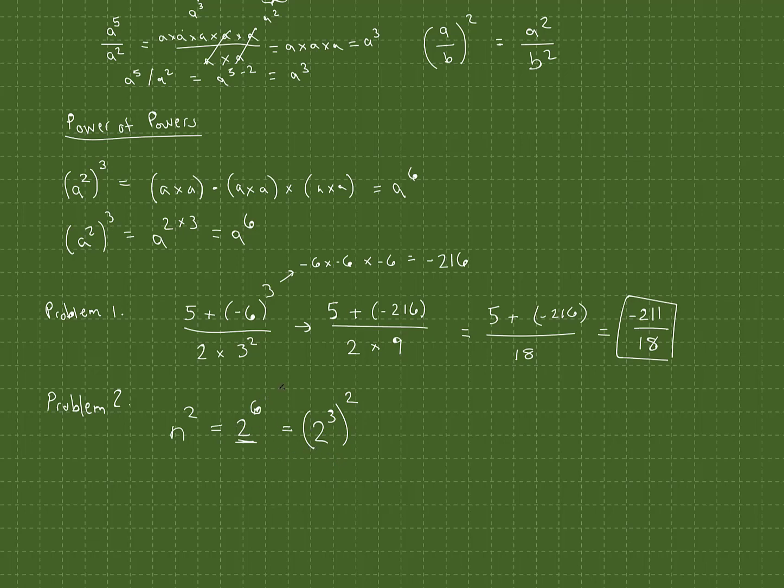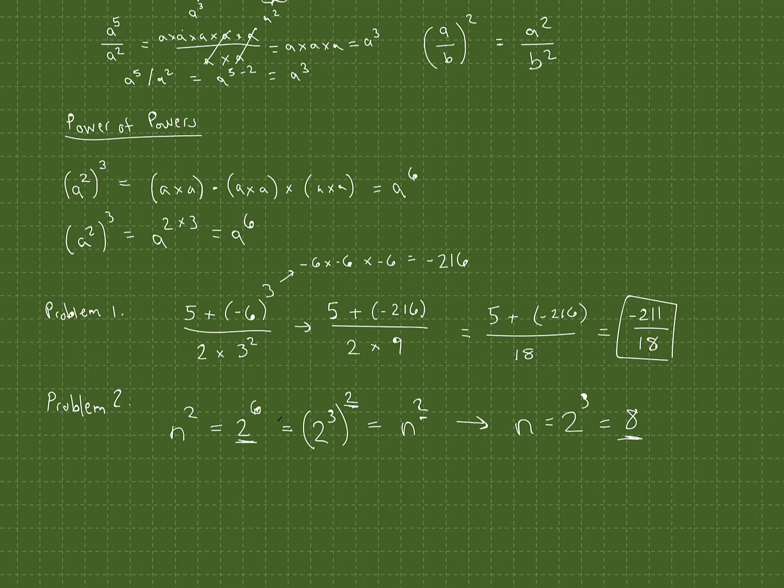So we have 2 to the 6 equals 2 to the third, that raised to the second power. Well, now, with that, again, still equals n squared. Now we have the same exponents, so n, therefore, is going to equal 2 raised to the third, or 8. Final answer. Here we're using the power of powers rules.